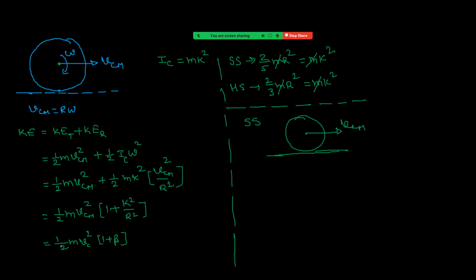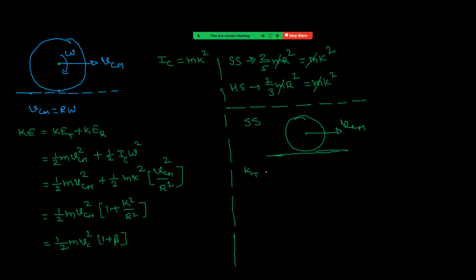Now see carefully. Half m VCM square into 1 plus beta. When you take a solid sphere, beta is 2 by 5. This is the kinetic energy because of rolling motion. In this, the first part, half m VCM square into 1, is because of translation.